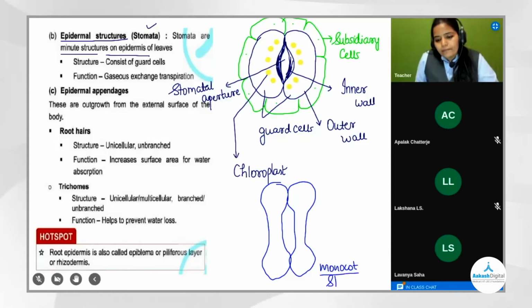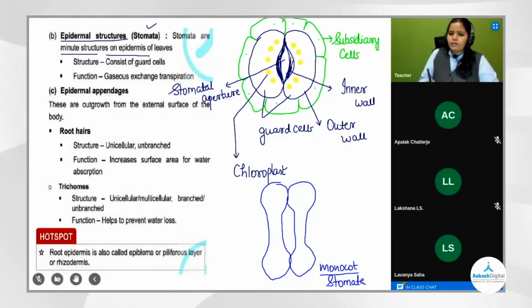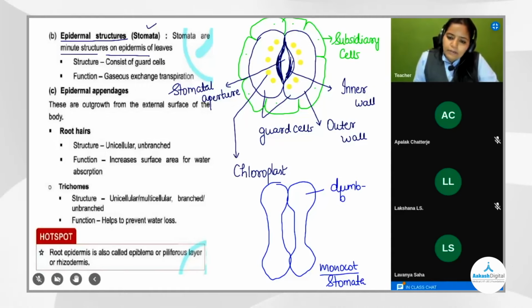Then it becomes the monocot stomata. Rest things are okay. Stomatal aperture will be there. Around it, there will be subsidiary cells. Everything will be there. Only the shape of the guard cells will change. So here it is dumbbell shaped. But in the first case, because it is dicot, it is bean shaped guard cells.